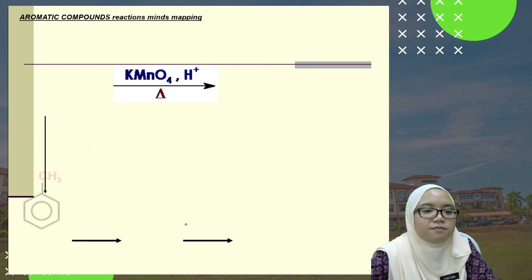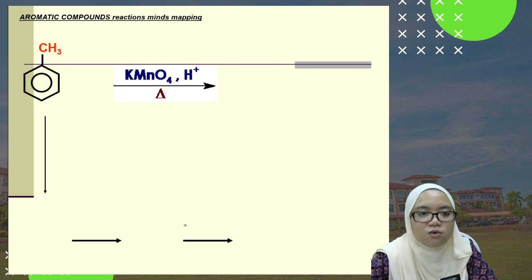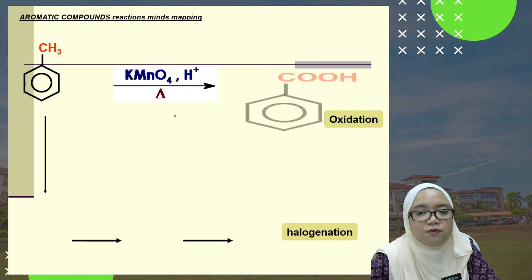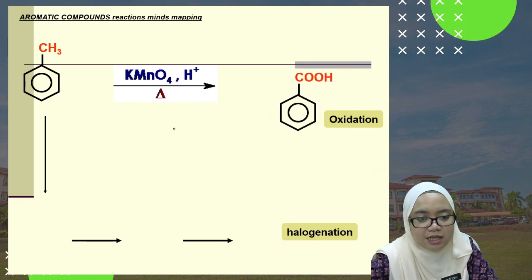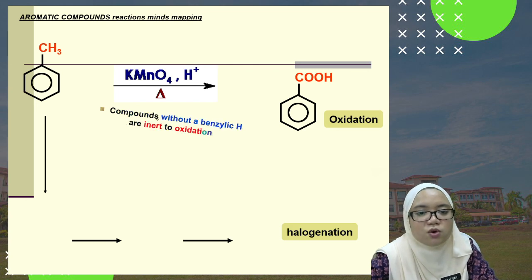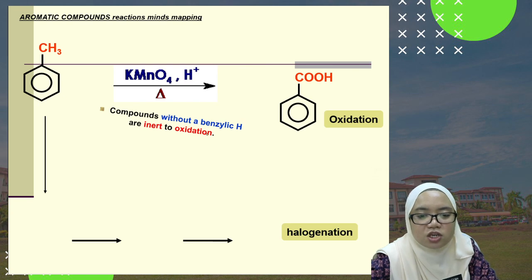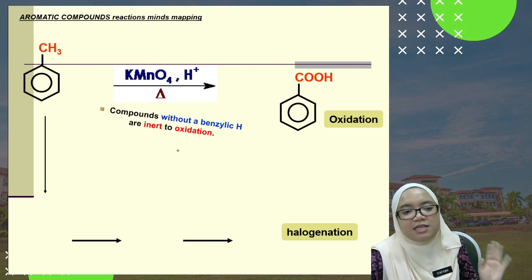Okay. So untuk the oxidation reaction untuk toluene pula. So toluene, when we undergo oxidation in acidic condition with heat, it will form benzoic acid. Okay, alright. So compound yang tak ada benzylic hydrogen are inert to oxidation, means dia tak akan undergo oxidation, dia akan remain the same as it is.